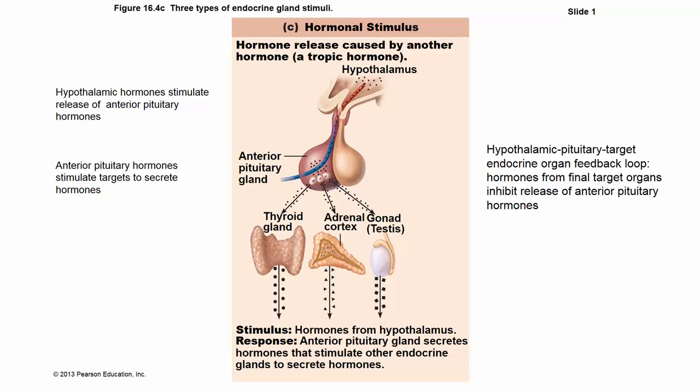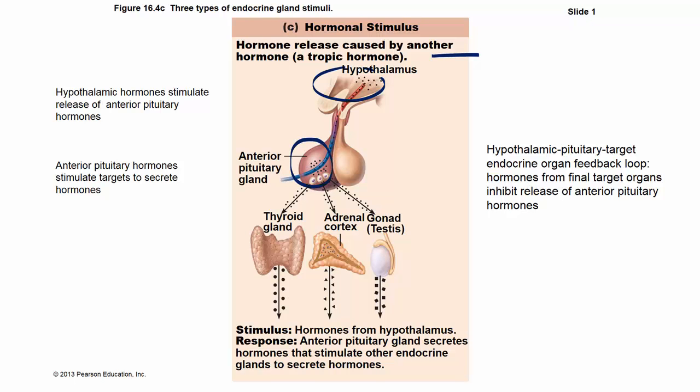Okay. The last stimulus is a hormonal stimulus, and that means one hormone causes another hormone to be released. All right, so a hormone release is caused by another hormone. In this case, hypothalamic hormones, hormones that are made in the hypothalamus, are going to cause the anterior pituitary to release hormones.